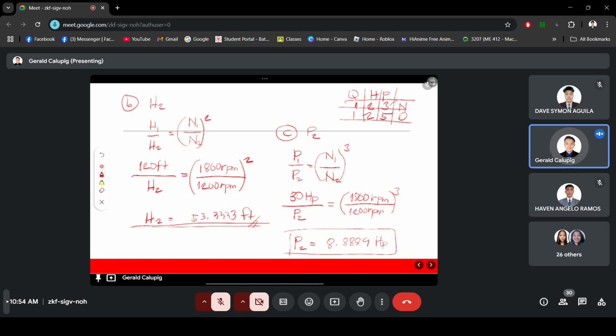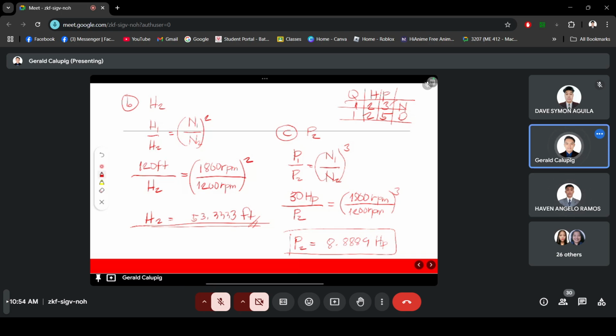Nakuha po ba ng lahat? Kuha? Okay. Any question po before we end our class? Malinaw po ba? Pump affinity laws? Okay, question? Yes po. Sir, question lang po. Sadya po ba talagang 125 siya? At saan po galing yung 5?